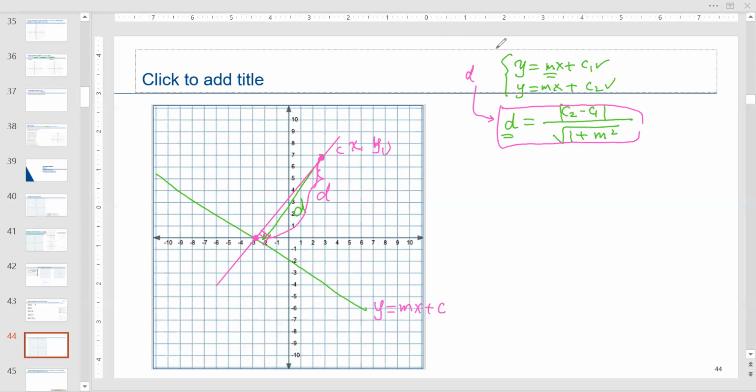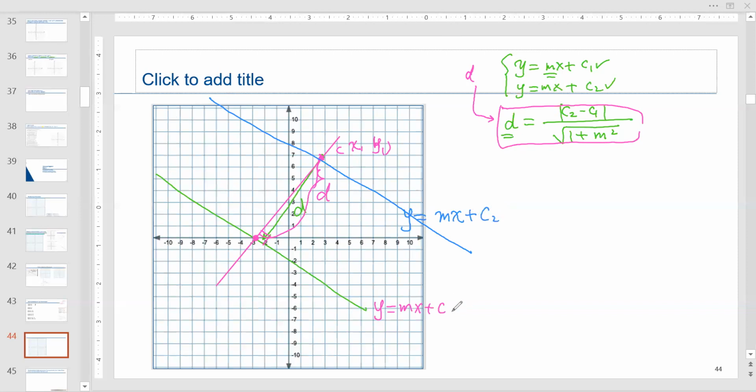Okay, so firstly, we draw a parallel line. A parallel line, so this is the slope here. We draw a parallel line right here. So what is the parallel slope? The slope is also m, right? So we can say y equal mx plus c2.